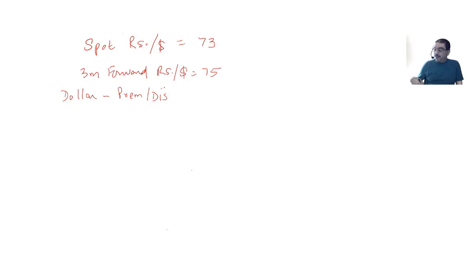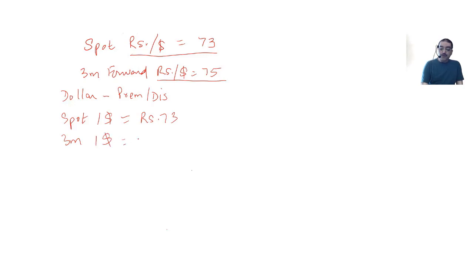Now if I ask you this question, first what you will have to do, rate is given in this order. I will rearrange it as 1 unit is equal to how much? So I say $1 spot, $1 is equal to 73 rupees. And 3 month forward, $1 is equal to 75 rupees.